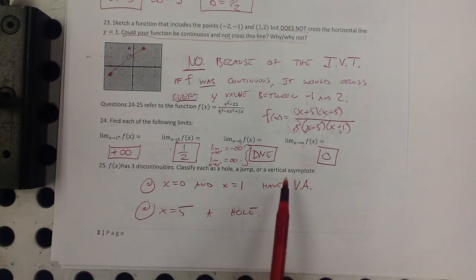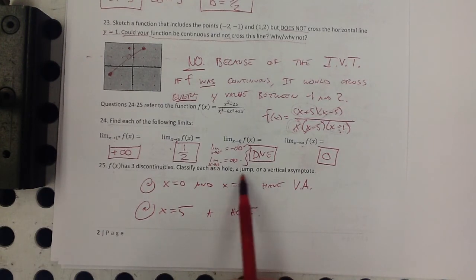Right? You can't really get jumps unless you make a piecewise function, or I think we saw a couple examples where you can do it with absolute values. But otherwise, we're going to be looking at holes and vertical asymptotes if all we can do is factor and possibly cancel.